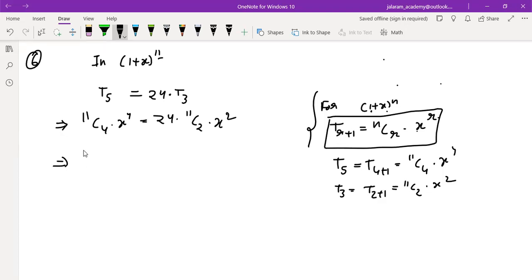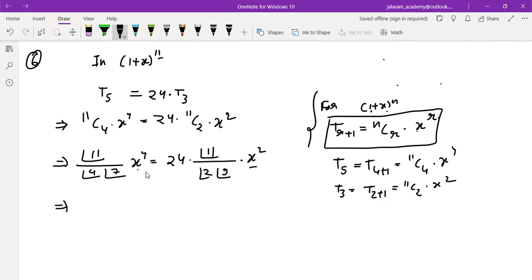It implies now 11C4 is factorial 11 upon factorial 4 into factorial (11 minus 4), which is factorial 7, into x to the power 4 equals 24 into factorial 11 upon factorial 2 into factorial (11 minus 2) into x square. Now one of the x square will be cancelled out, so it remains only x square. Factorial 11 will also be cancelled out.